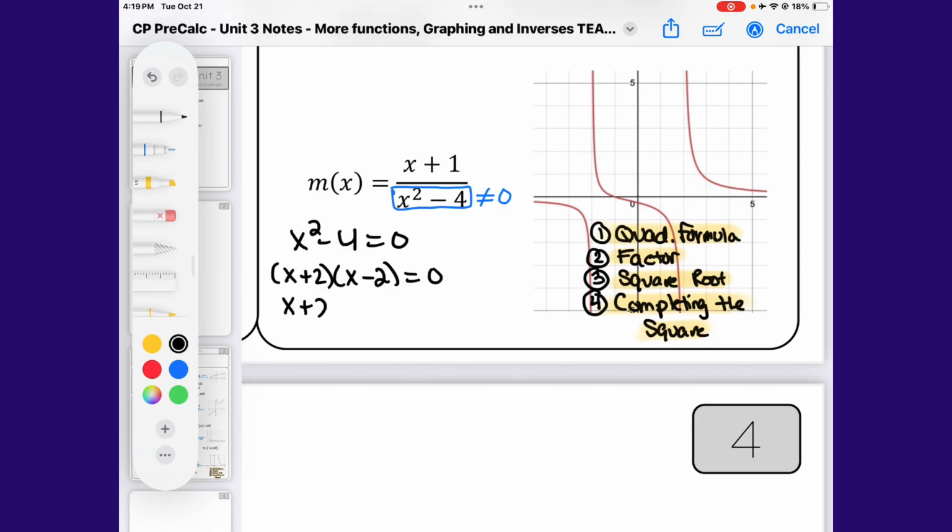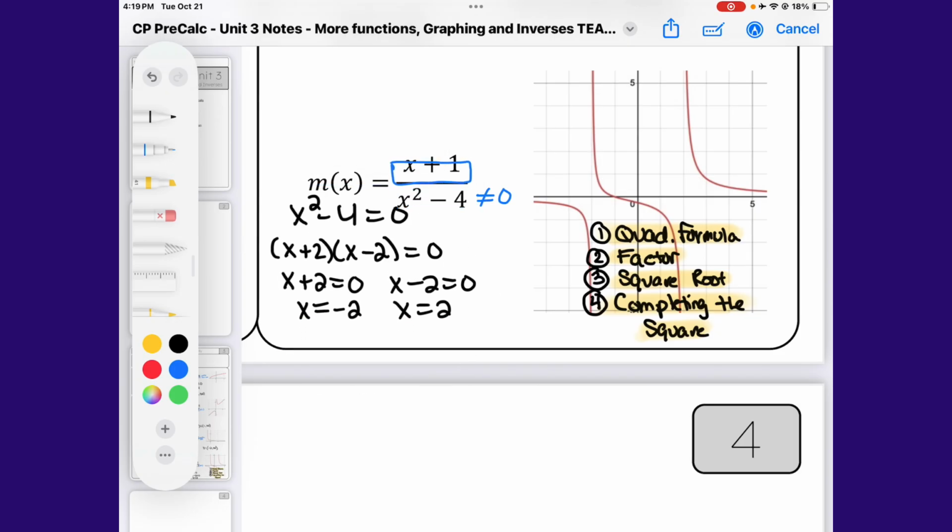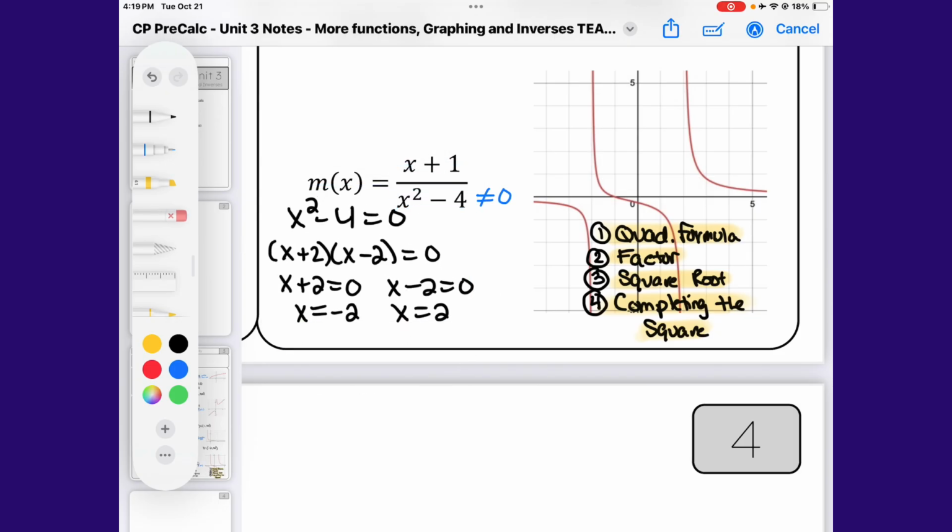When we're solving a quadratic, we set each factor equal to 0. I'm going to solve, so I'm going to minus 2 from both sides. I'm going to add 2 to both sides. And now we know that we are not allowed to equal these numbers. So we're not allowed to equal negative 2 or 2. So the domain is negative infinity to negative 2. We're not including negative 2.